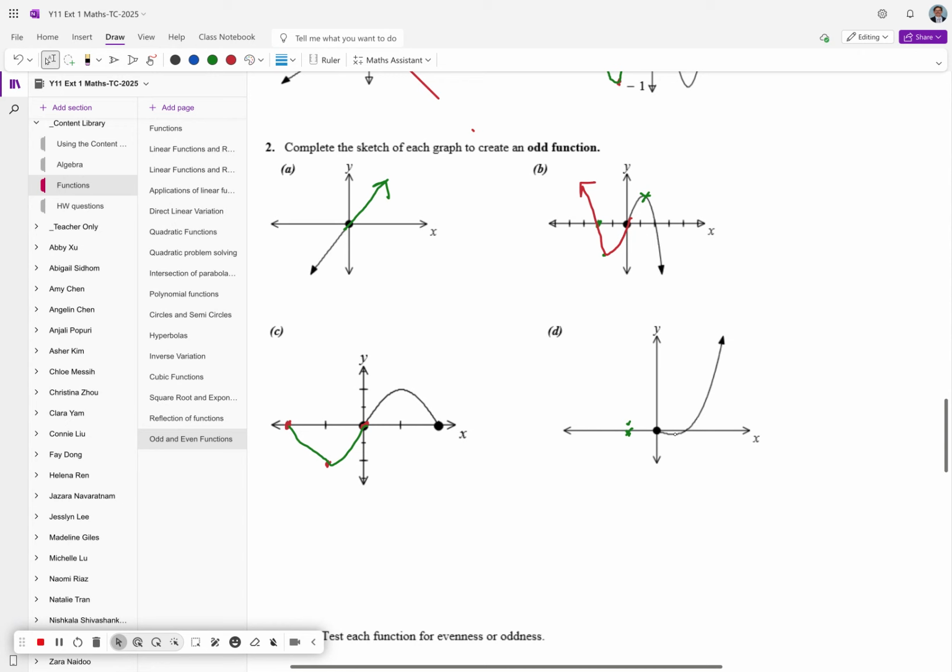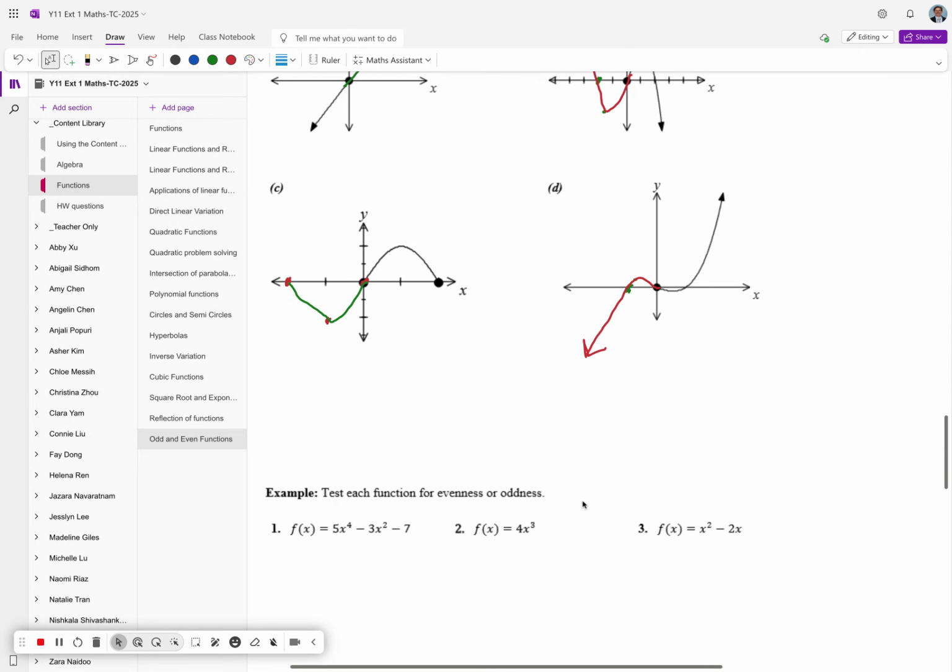That turning point should be a bit further over. Yep, so it should be a bit before the intercept. If you sketch that now, that should be enough. You're going to get something like this. Good enough? So remember, with odd functions, it's successive reflections in the x-axis and the y-axis.